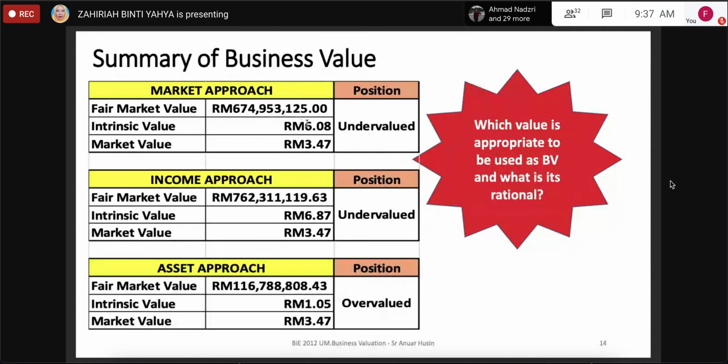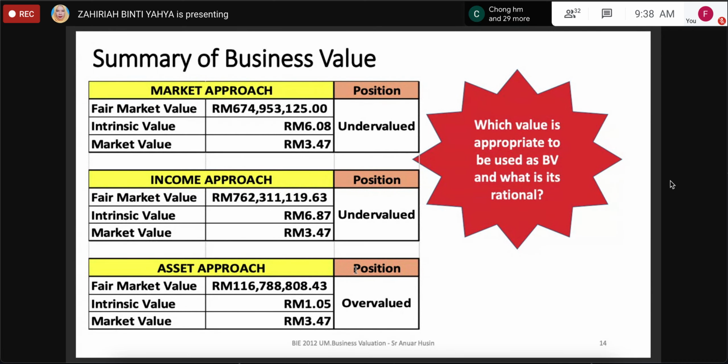Market approach, maybe you said the comparable is not 100% similar, ya, 100% the same. So that's why the value pun ada perbezaan. Asset approach, bila we based on the asset or the cost, is normally lower than the fair market value.